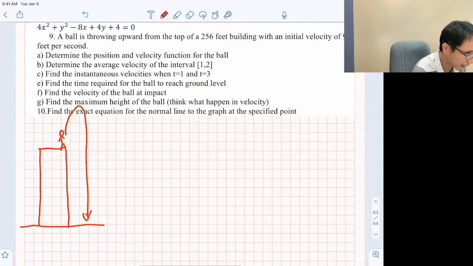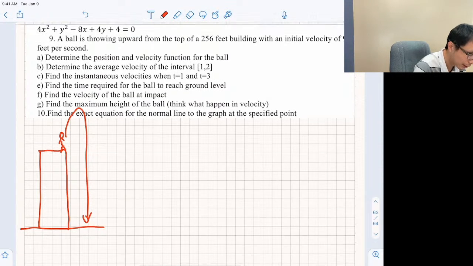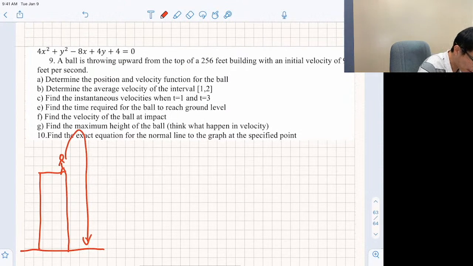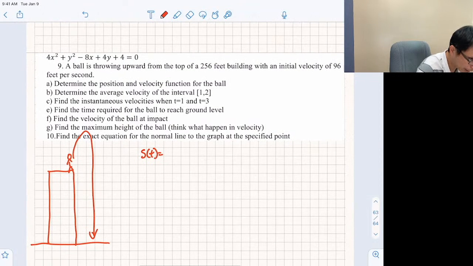And this actually turned out to be a good number. So we want to determine the position and the velocity function. How do we determine that? If I just plug in, what is the equation I'm going to use? It's one half g t squared plus v0 t plus s0.